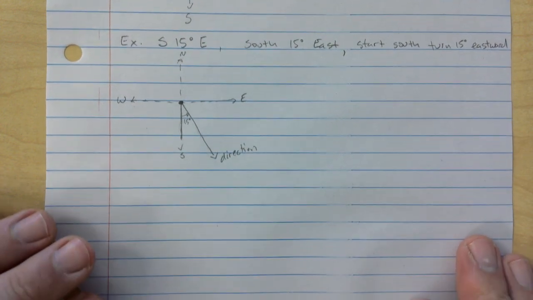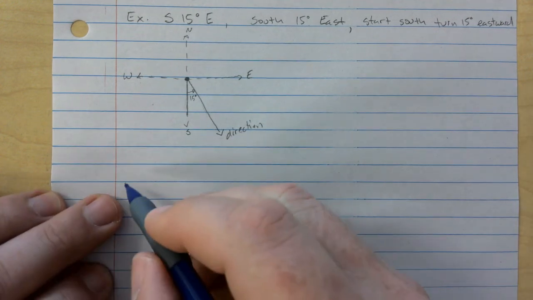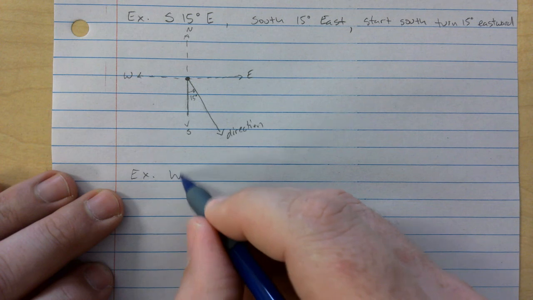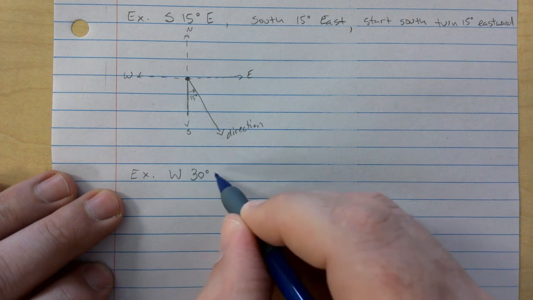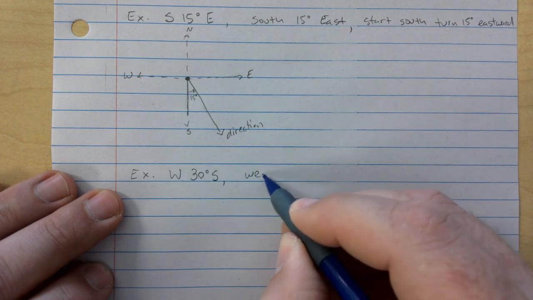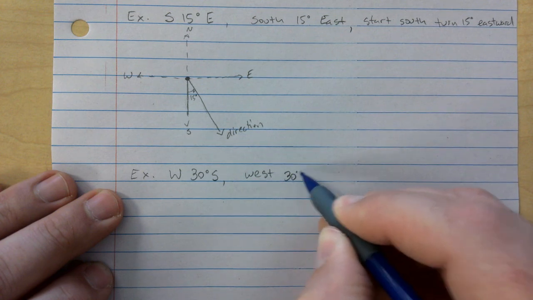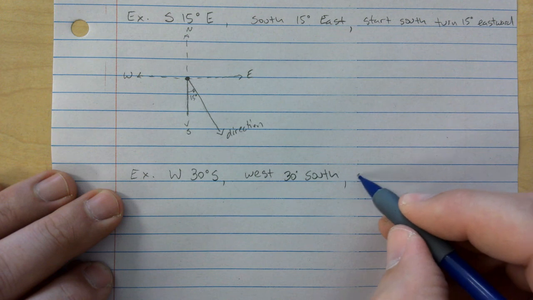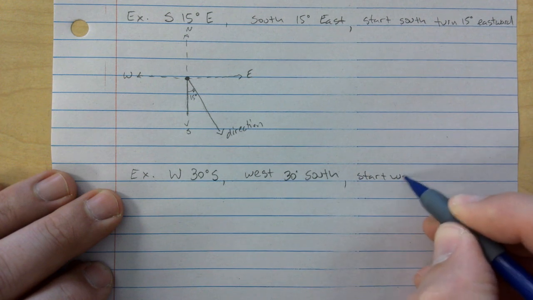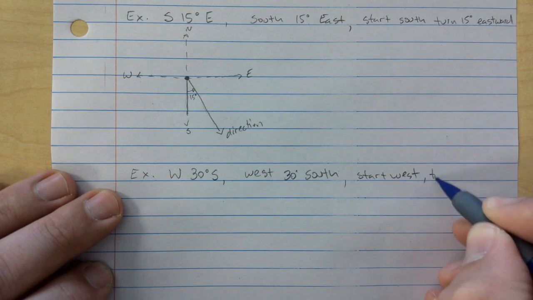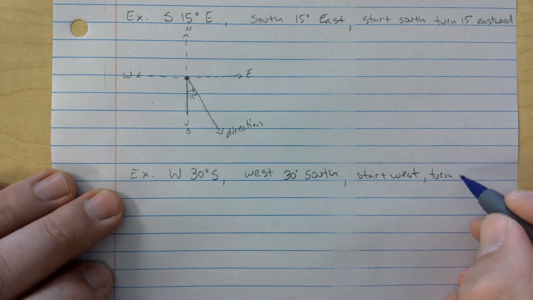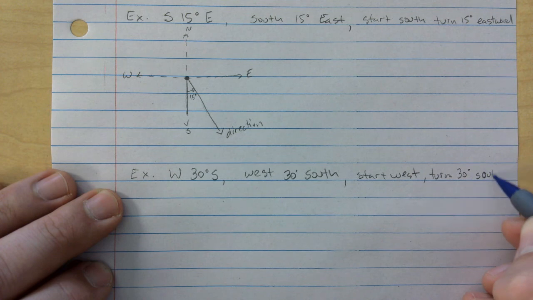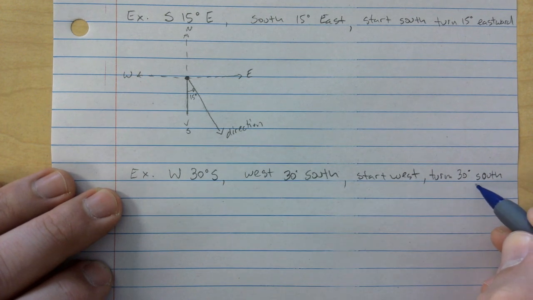And it comes in various formats. Like you could also have west 30 degrees south, and that reads west 30 degrees south, as you probably already predicted. And here you start west, and then you turn 30 degrees southward.